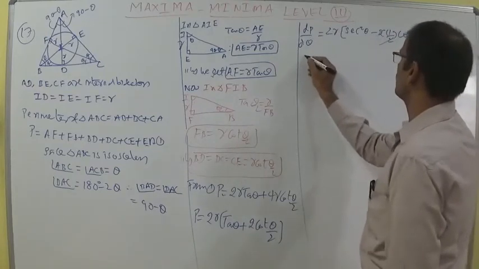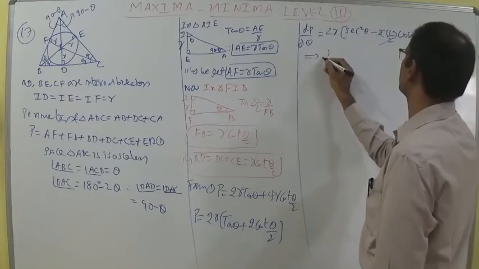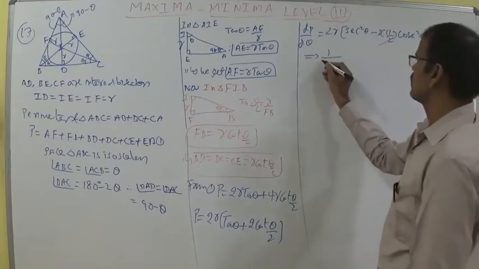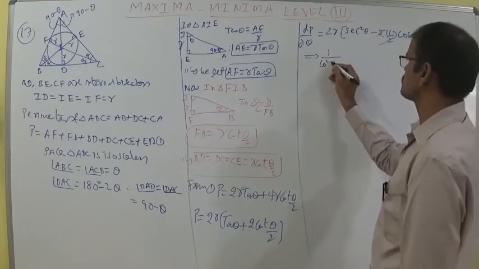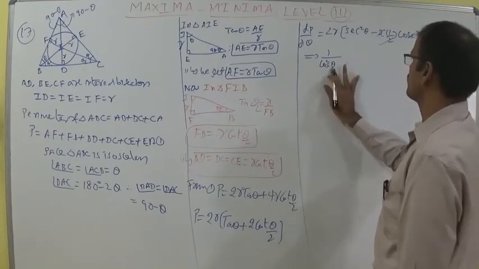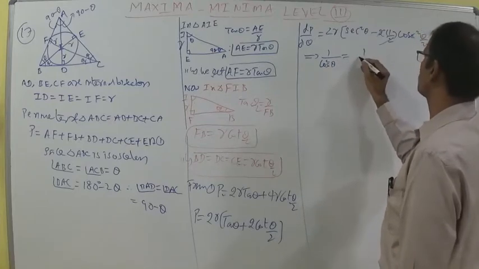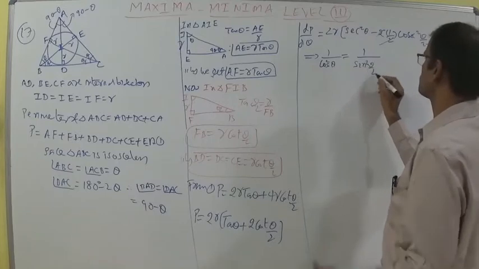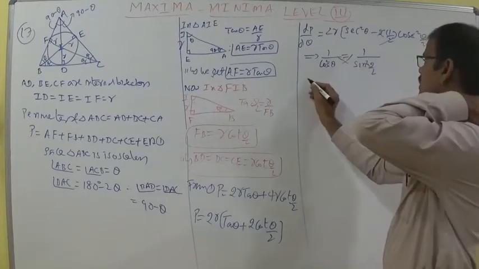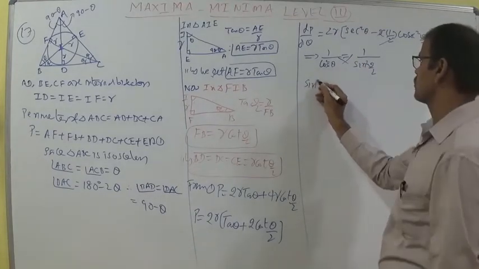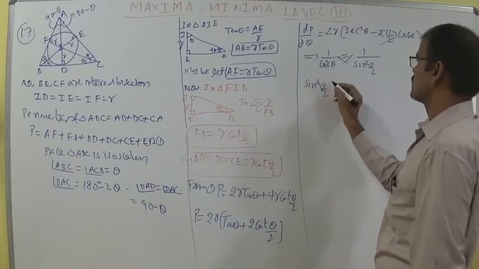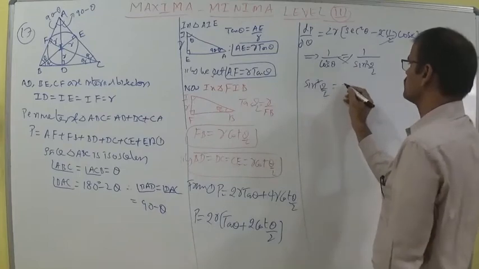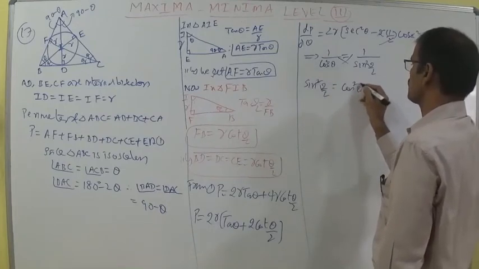Taking 2R aside, secant square theta is equal to cosecant square theta by 2. So I am writing 1 by cos square theta is equal to 1 by sin square theta by 2. Taking the cross multiplication, sin square theta by 2 is equal to cos square theta.